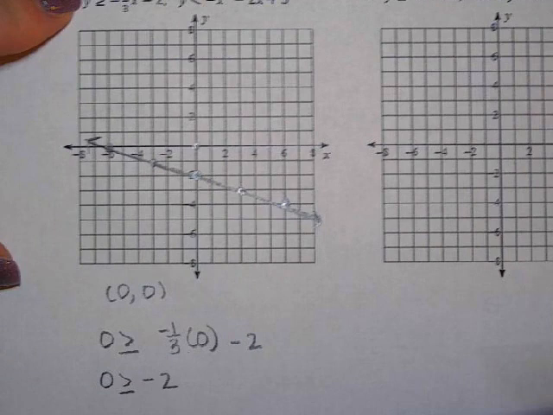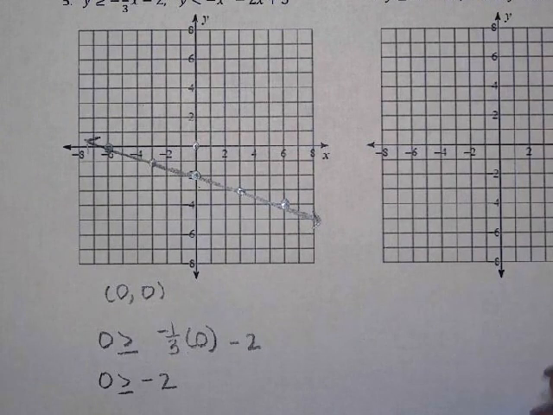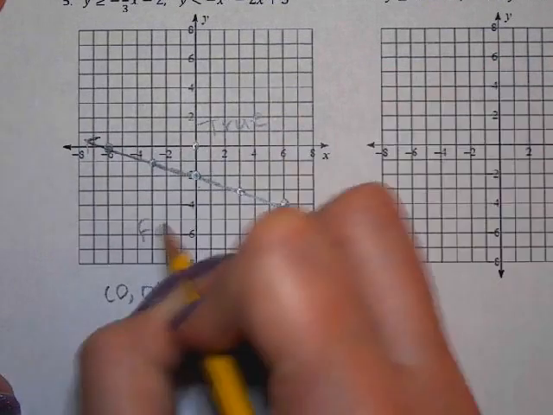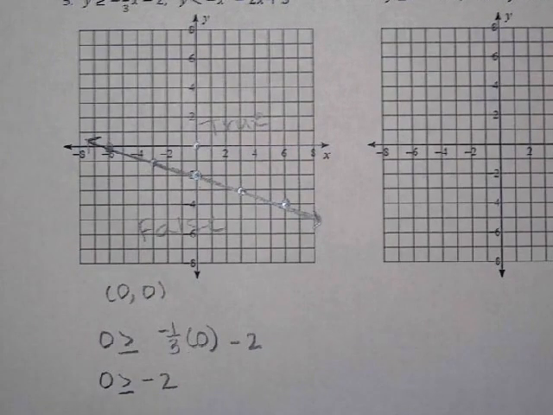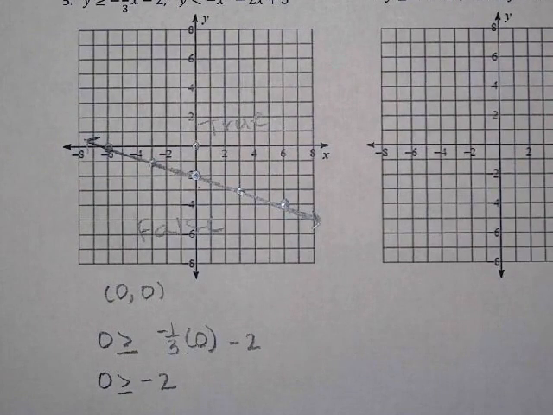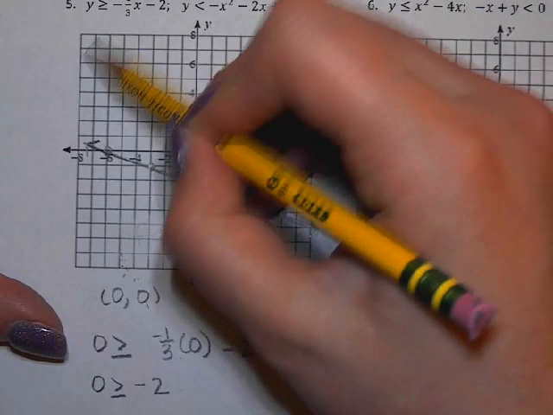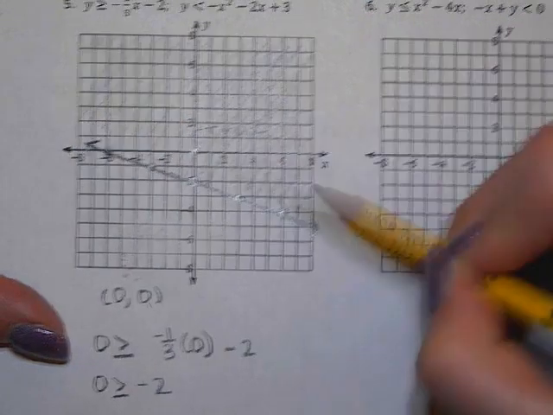Is it true that 0 is bigger than a negative number? Yes, that is true. And we shade where it's true. So if this side is true, that means this side is false. So each side is one or the other. Does that make sense? Okay. So I'm going to go ahead and shade right here.